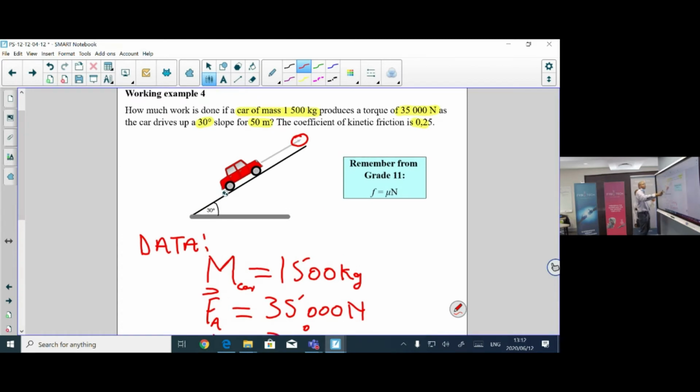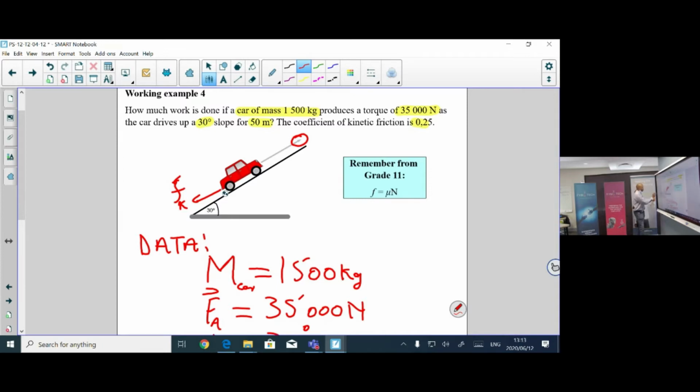Now we know that the coefficient here is for kinetic. In other words, we're going to have something coming down from there. It's where you talk about the f of k, because it's always opposing the direction of movement of an object. If the object is going upward, then the kinetic friction will go down.